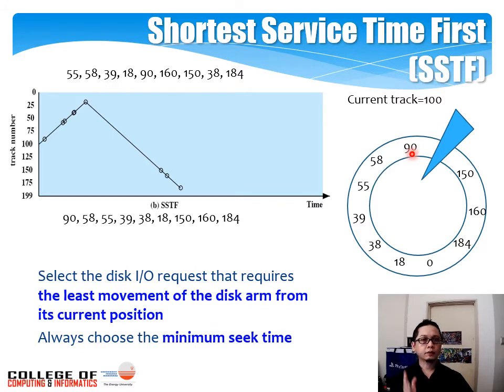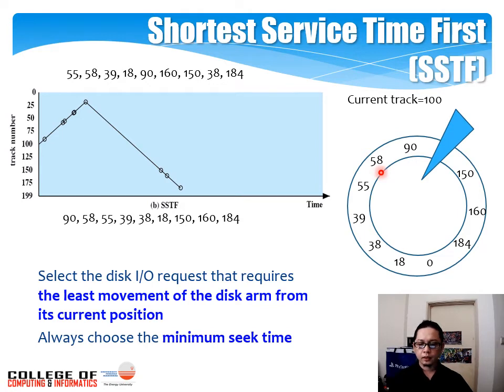After it arrives at track 90, we need to calculate between track 90 and track 58, or track 90 and track 150. Which one is the closest? After you count it, the closest is track 58. So the next location, it will move to track 58.